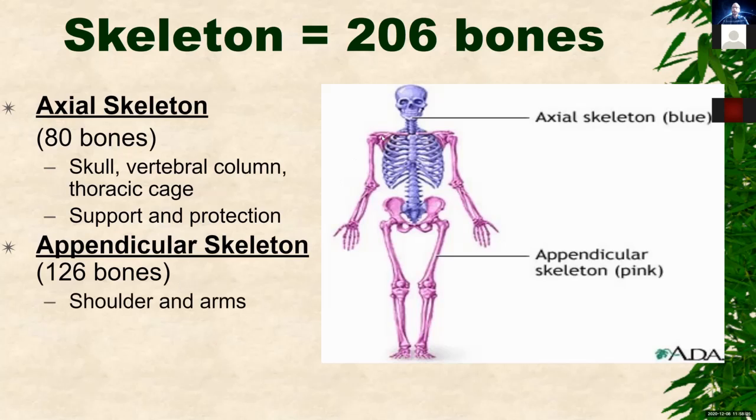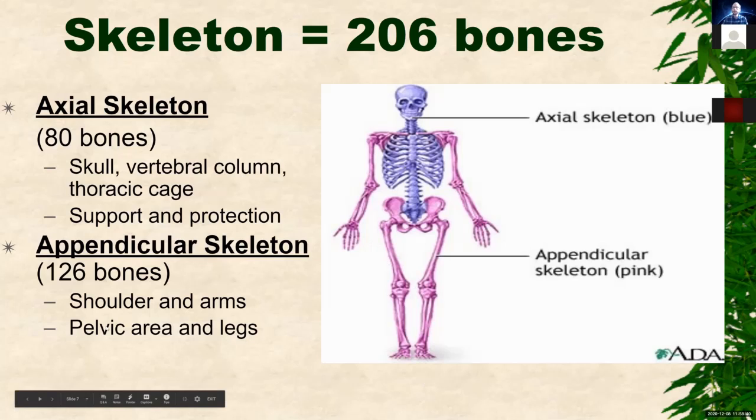These include the shoulders and arms, the pelvic area, and our legs. And that includes our hands and feet too. You can consider your hands part of your arms. You can consider your feet part of your legs.